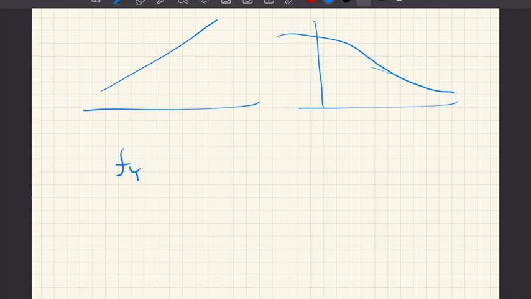So f of y, we include this negative sign. You should try to find out why this is necessary. Okay.